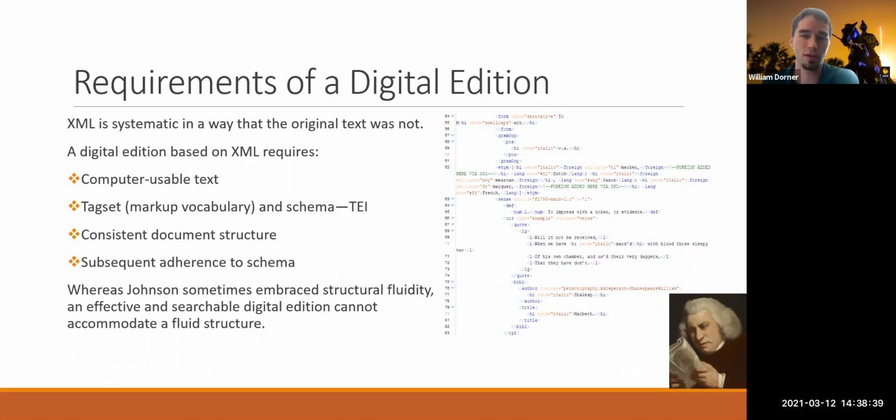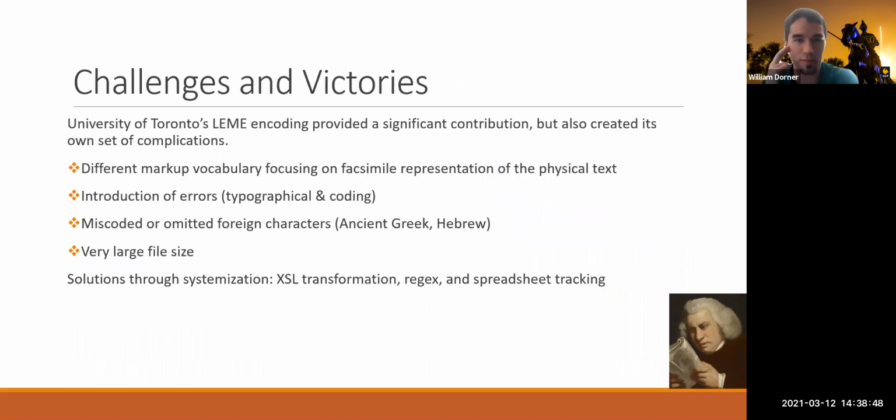Johnson's dictionary, while following its own system and structure, does not always lend itself to the rigor required of an XML document system. As Beth mentioned, we were fortunate enough to receive from the Lexicons of Early Modern English at the University of Toronto a fully encoded TEI transcription of the 1755 edition. But even this windfall presents its own set of complications.